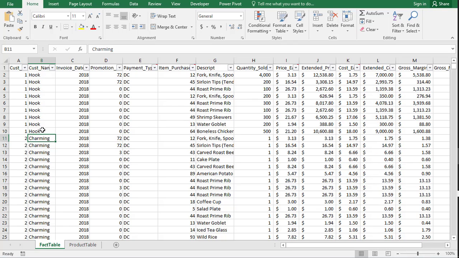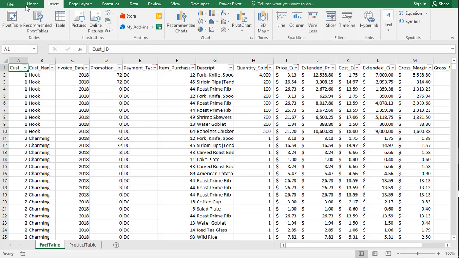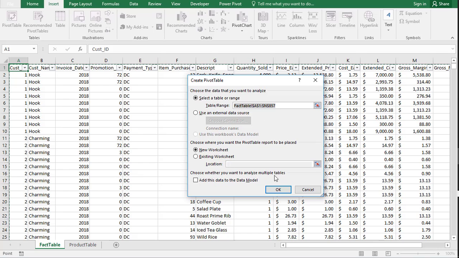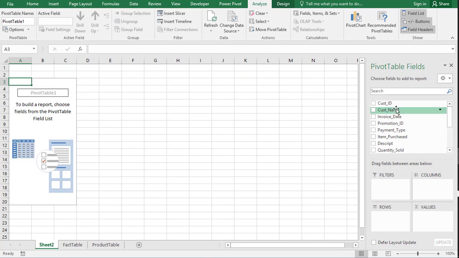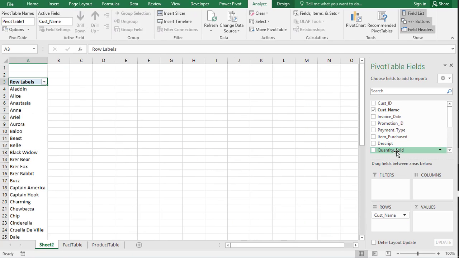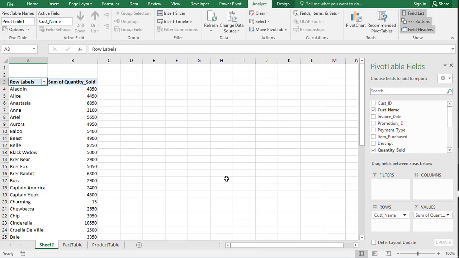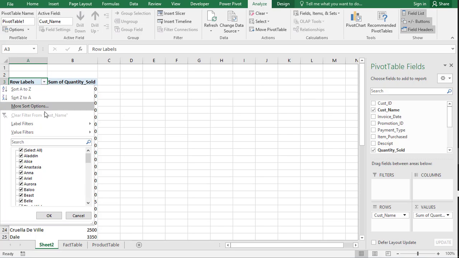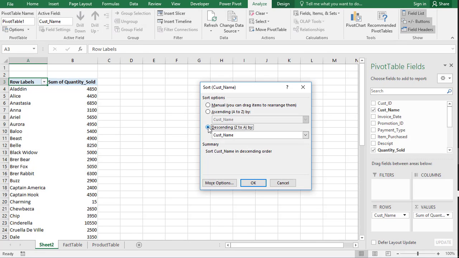For example, if you decide that quantity sold is going to be your top decision for who is the top customer, as we do here in the pivot table, where we sort the customer descending order by quantity sold.